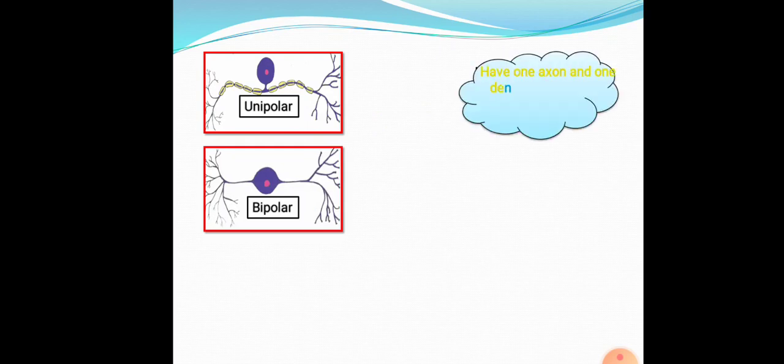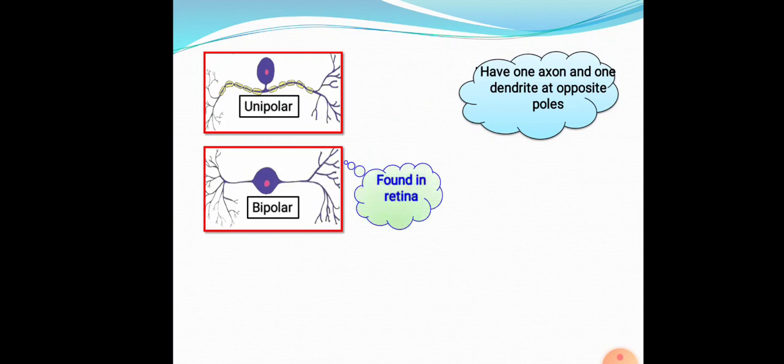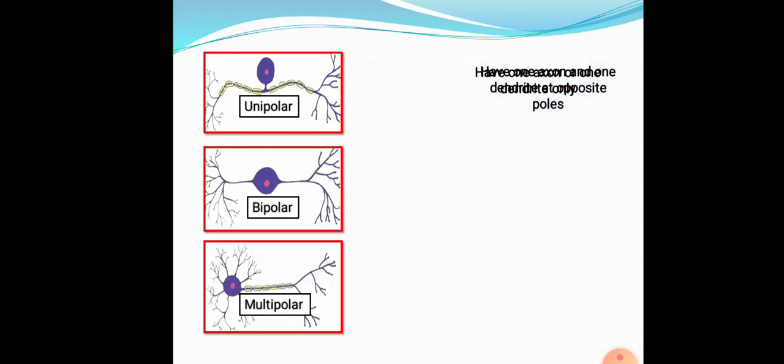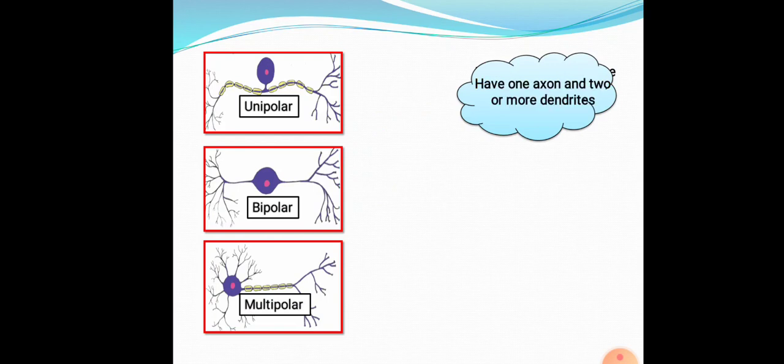A bipolar neuron has one axon and one dendrite at opposite poles, and it is found in the retina of the eye. A multipolar neuron has one axon and two or more dendrites, and it is found in the cerebral cortex region of the brain.